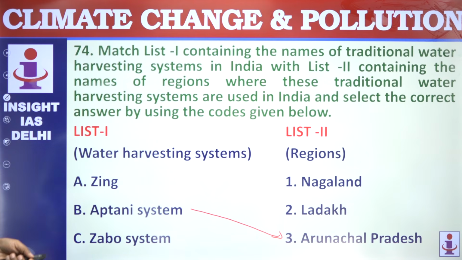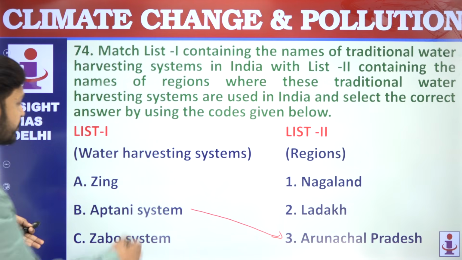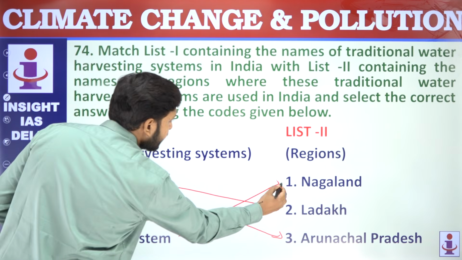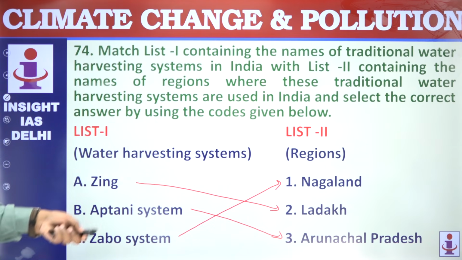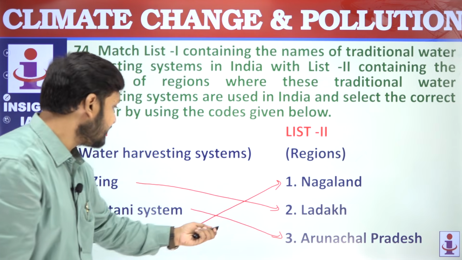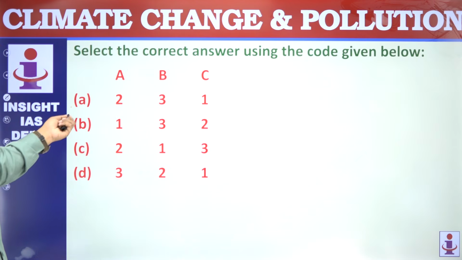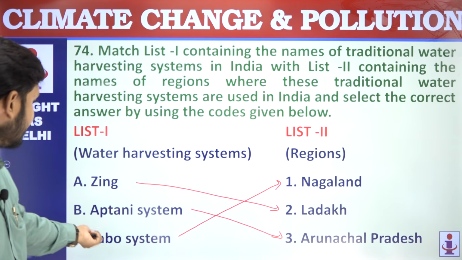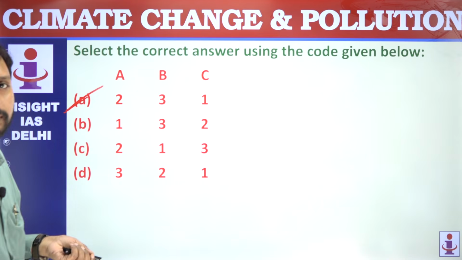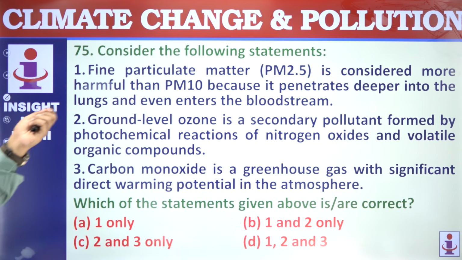The Zing system is generally seen in the Ladakh region, and the Zabo system is generally seen in Nagaland. So A is related to 2, B is related to 3 and C is related to 1. So option will be A: 2, 3, 1.